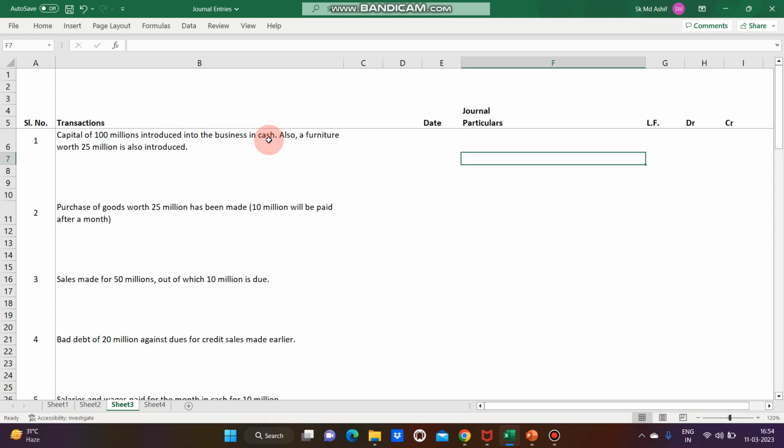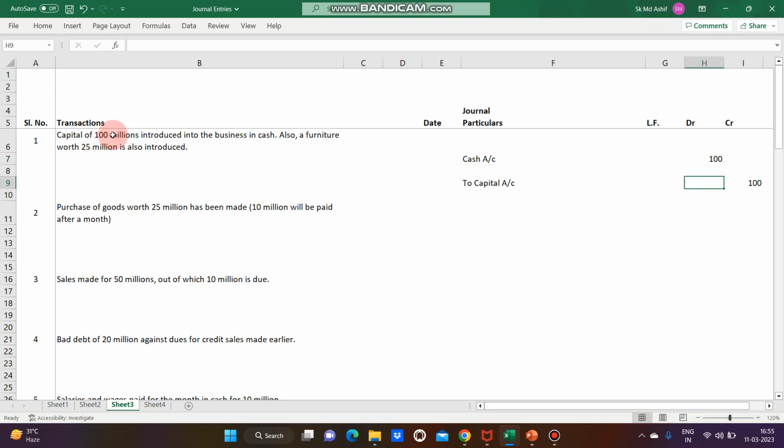So let me first write cash account, and the debit is for 100 millions. All the figures that I'm writing here will be in millions, so I won't write the entire figure. I'll just write 100. Now capital should be credited because there's an increase in capital of 100 millions.